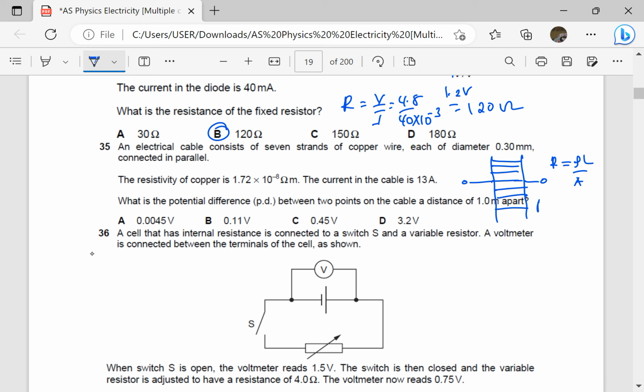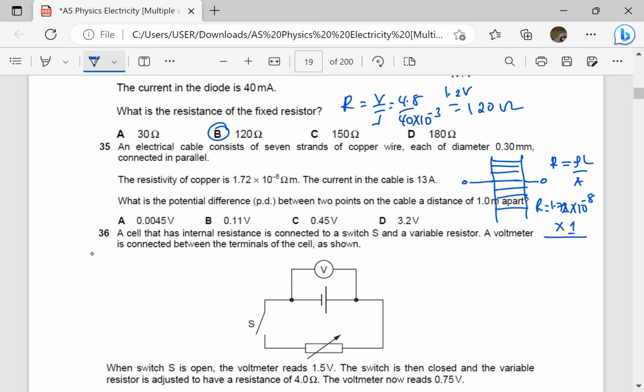So resistance of 1 is going to be equal to rho, which is 1.72 times 10 power negative 8, times the length. The length of 1 strand, what is the potential difference between 2 points on the cable, a distance 1 meter apart? So that will be times 1.